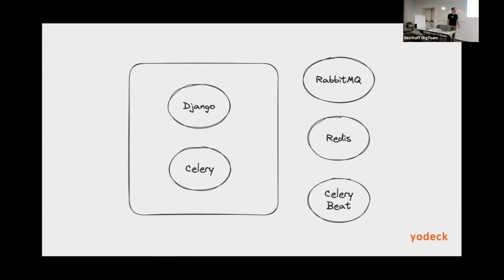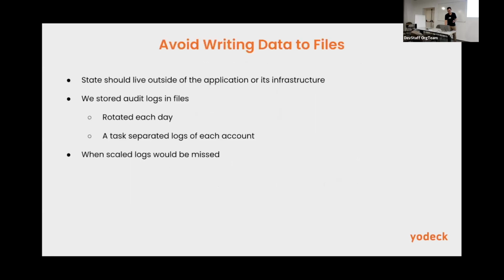So after that, we moved Celerybeat outside of our instance, and we got only Django and Celery that needed to be improved, because to be honest, Django and Celery use almost similar code with minor differences. So to make these applications scalable, we realized that we should avoid writing data to files.